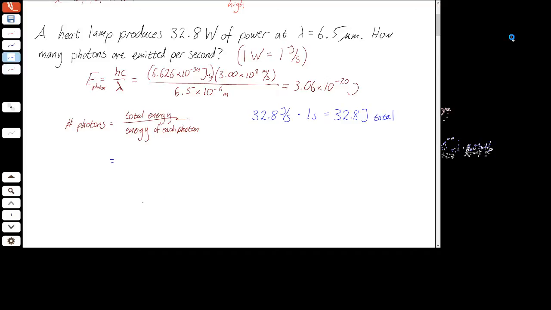So then to finish the problem, we take that 32.8 joules and divide by the energy of each photon, 3.06 times 10 to the minus 20 joules per photon. You can imagine this can be a pretty big number.